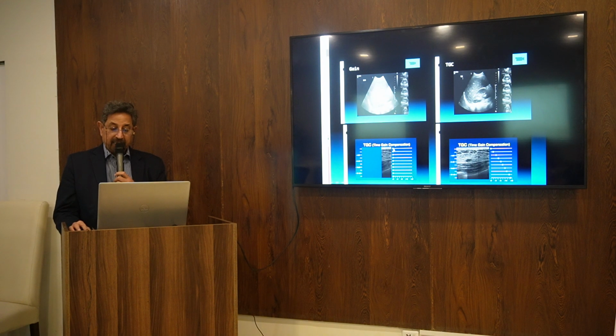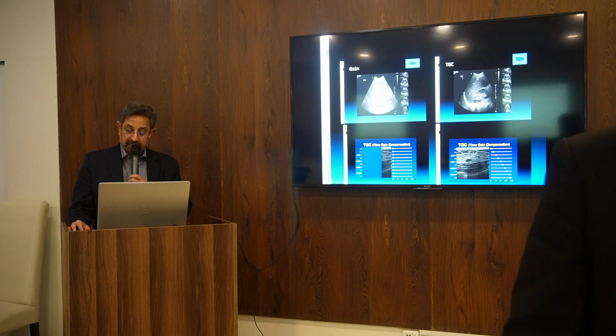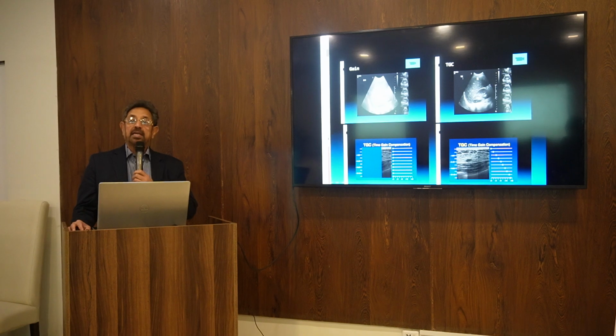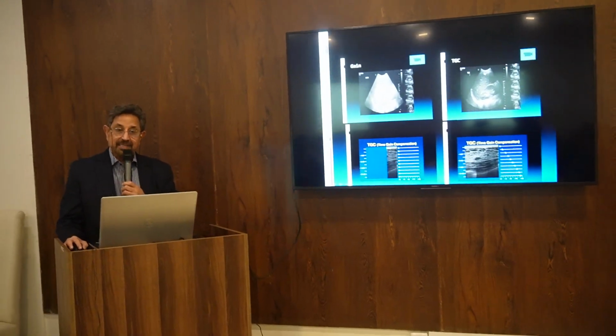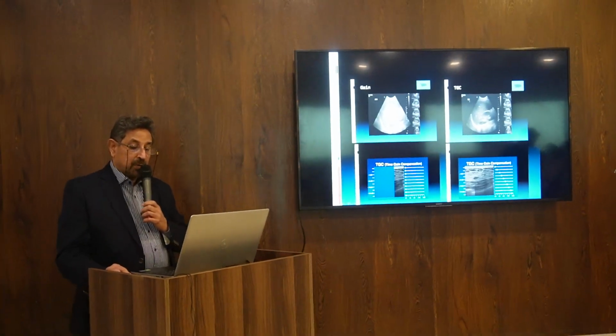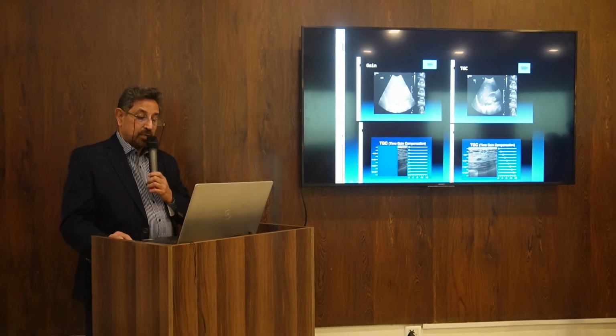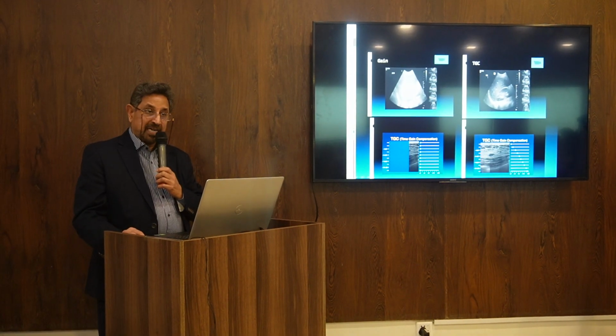Normally there is a TGC curve, time gain compensation. The idea behind time gain compensation is that the echoes reflected back in the body from the nearest part are minimally weakened, but those coming back from the farthest part have suffered the maximum weakness, so they should be compensated for that weakness.